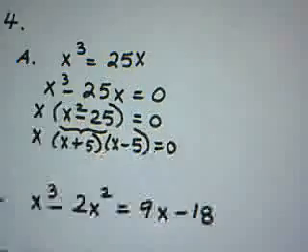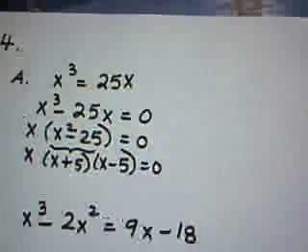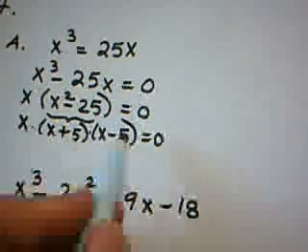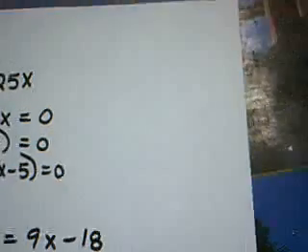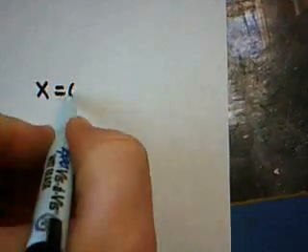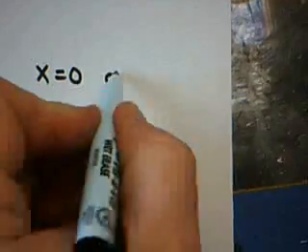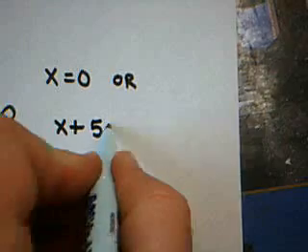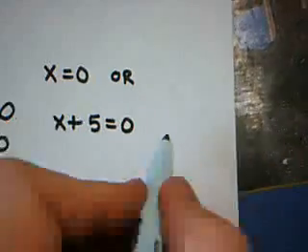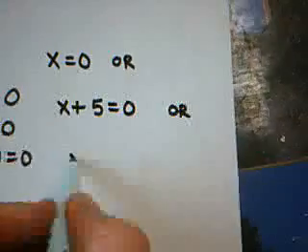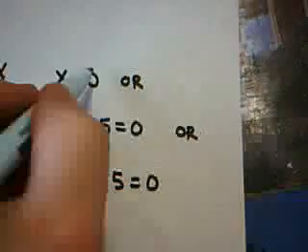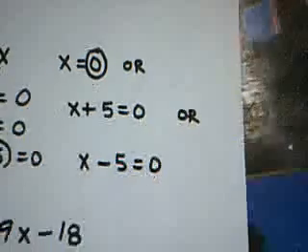Now, to finish this equation, we're going to set up 3 cases. If 3 factors are multiplied together to give me 0, then what that means is either the first factor is 0, or the second factor is 0, or the third factor is 0. If x is 0, there's one answer.